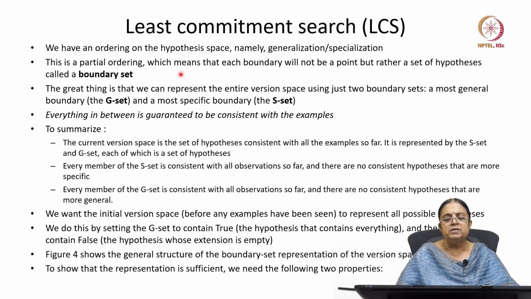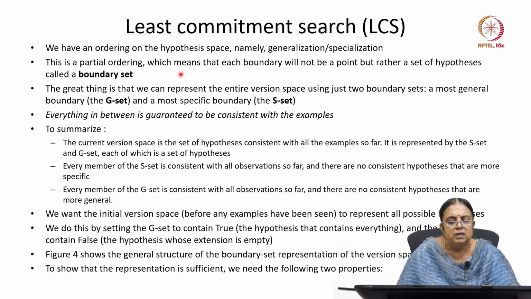So you can represent the version space by two boundary sets, a most general boundary and a most specific boundary, which are called the G set and the S set. Everything that comes between the G set and the S set will be consistent with the examples that we have seen.